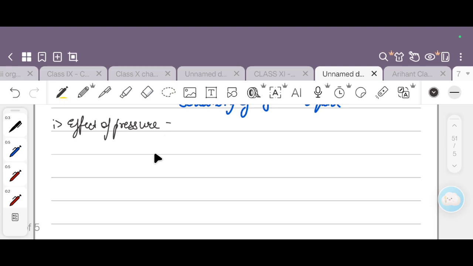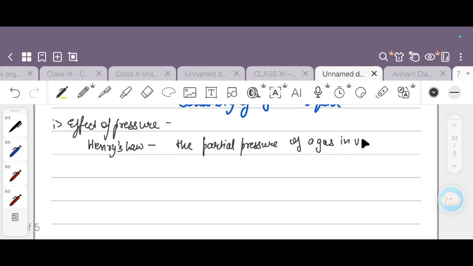Regarding the pressure, there was a scientist known as Henry. He gave a law known as Henry's law, which states that the partial pressure of a gas in vapor phase is directly proportional to the mole fraction of the gas.